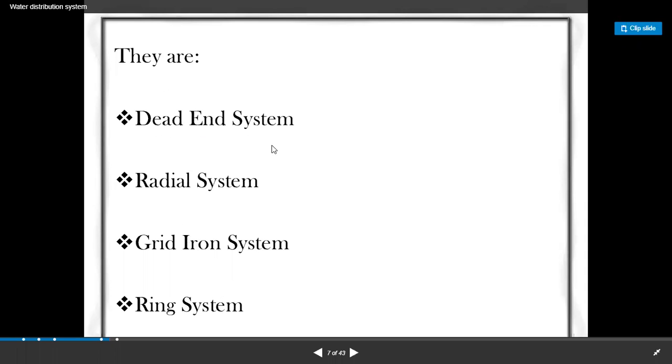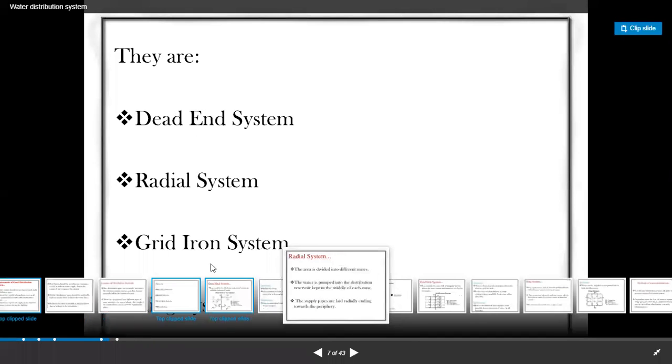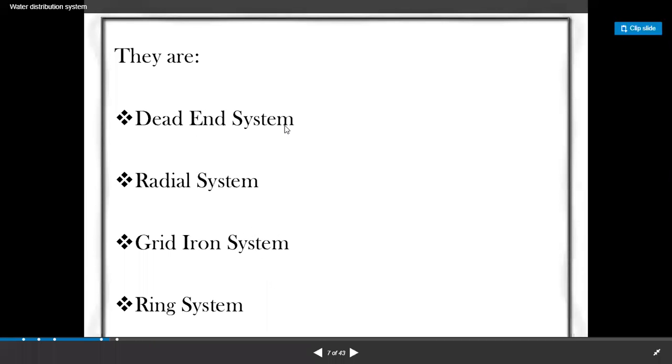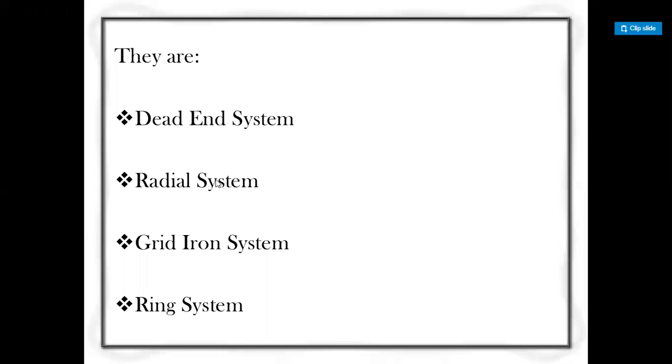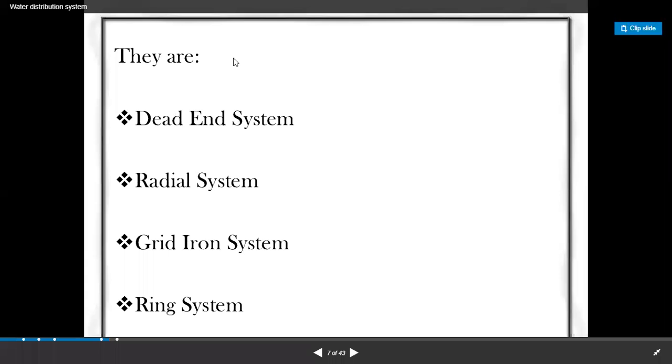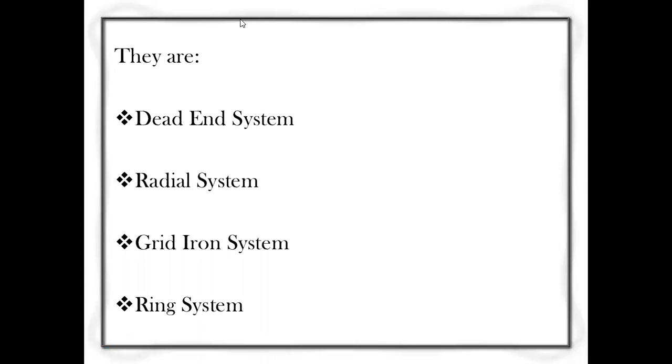First is the dead end system, second is the radial system, third is the gridiron system, and fourth is the ring system. Now we are going to explain these one by one.